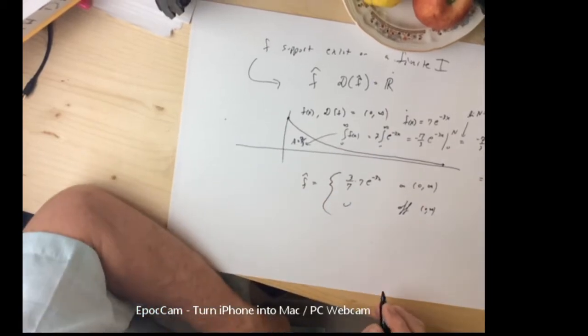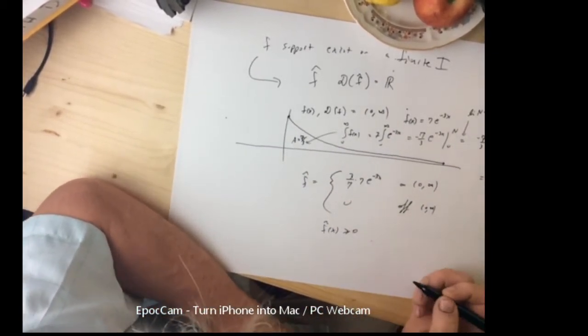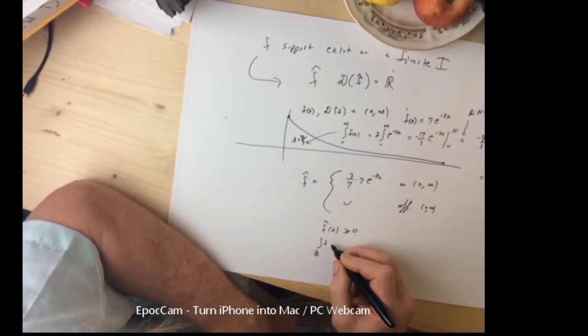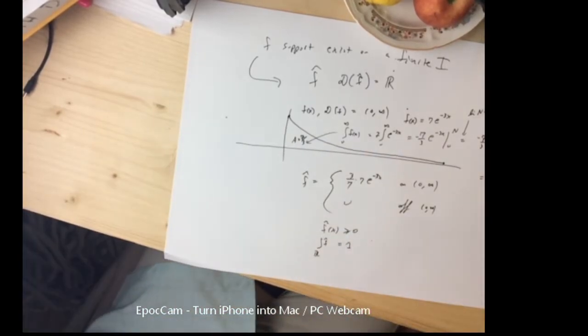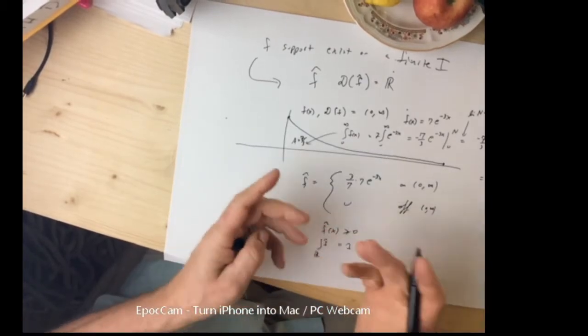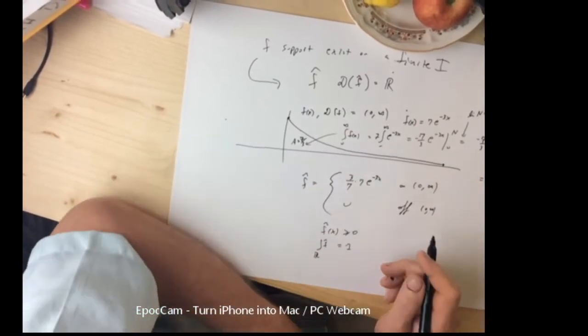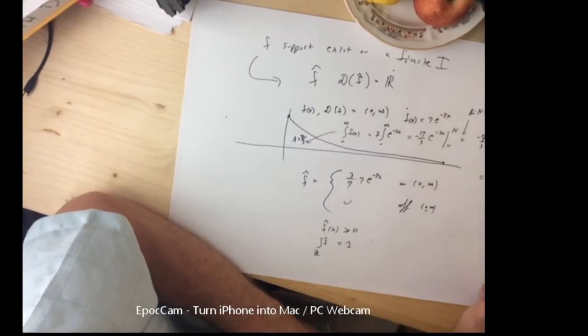And this function now has the property that f hat of x is greater than or equal to 0, and the integral over the real line of f hat is 1. I've adjusted it and made it a very nice integral. That means we can talk about this as being a PDF, a probability density function on this larger range.